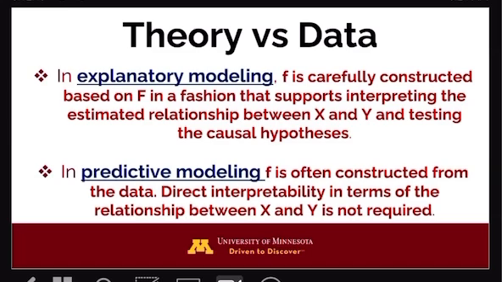Most of the scientific community has their theory. And the moment they have their theory, the only thing they want to do is test hypotheses about the theory. That is the reason, if they're going to use an explanatory model, the function F is going to be constructed in such a way that it supports interpreting the estimated relationship between the features and the outcome.